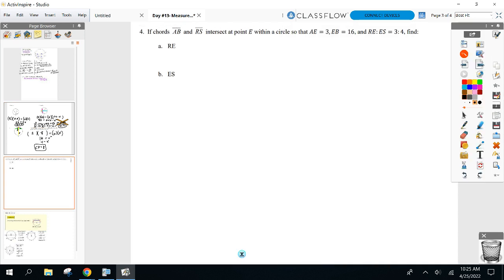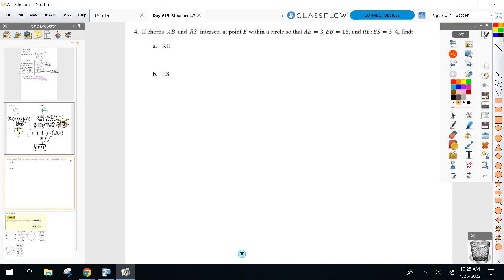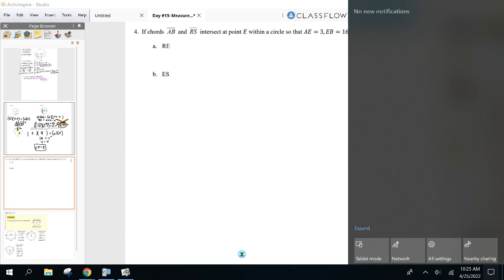Draw yourself a diagram. None is given, so we have to do our own here.